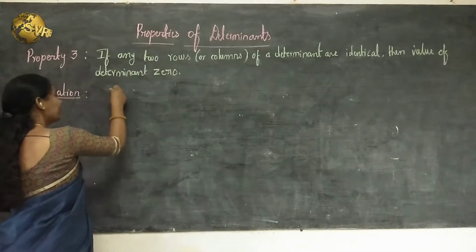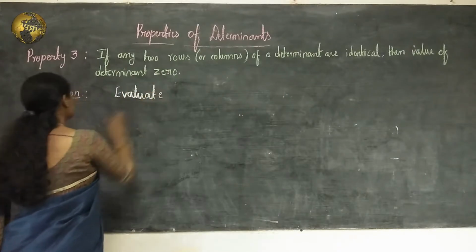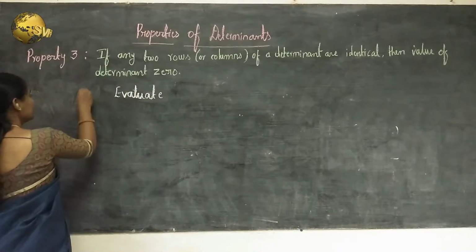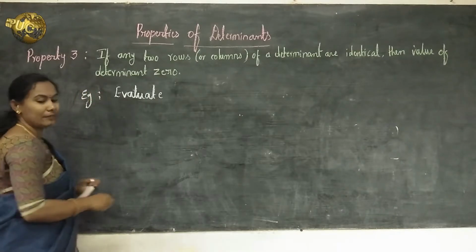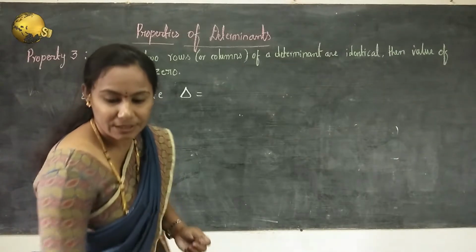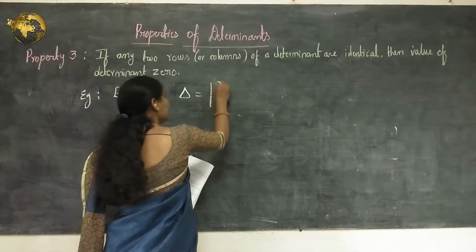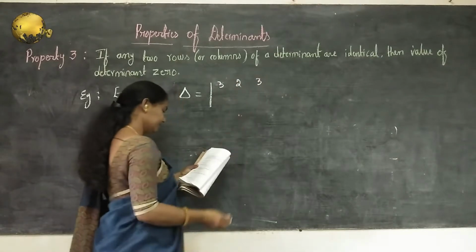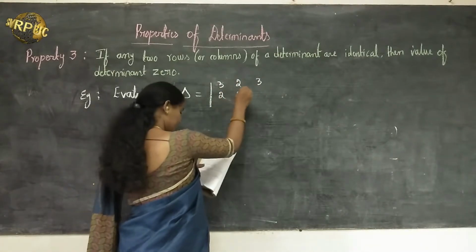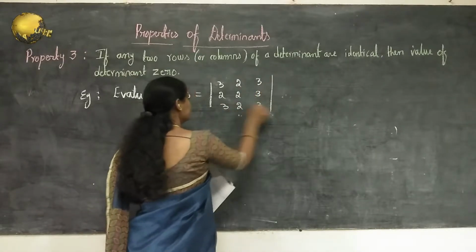Take one example. Evaluate delta equal to the determinant 3, 2, 3; 2, 2, 2; 3, 2, 3.